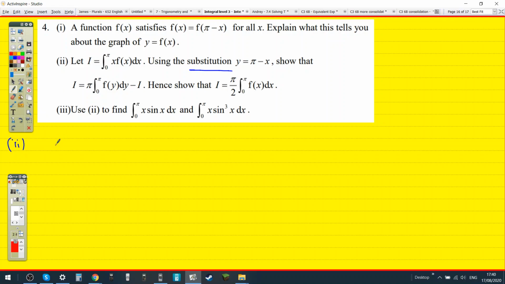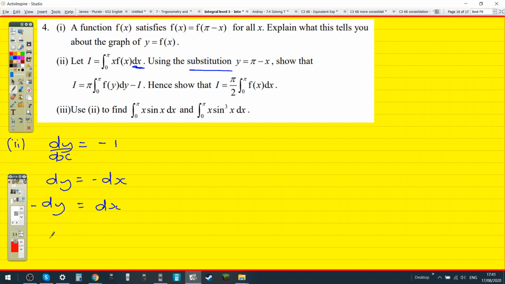Find the derivative. What is dy by dx of pi minus x? Minus 1. Therefore, what is dy? Minus dx. Therefore, what is dx? Minus dy. And so, what can we write there? You can put minus dy there instead.